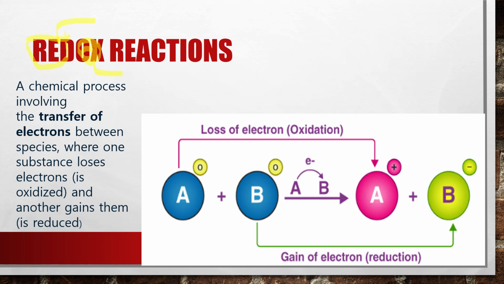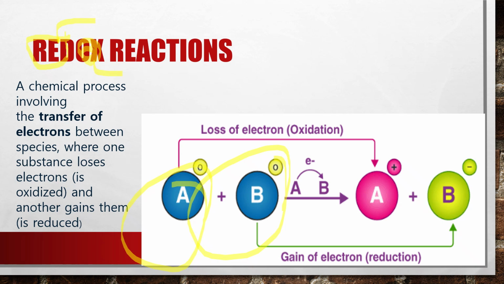So if you are writing it on the same page, you can say when reduction and oxidation occur simultaneously, this is called redox reaction. It means one substance is donating electrons and the other substance is accepting the electrons. That is called redox reaction.